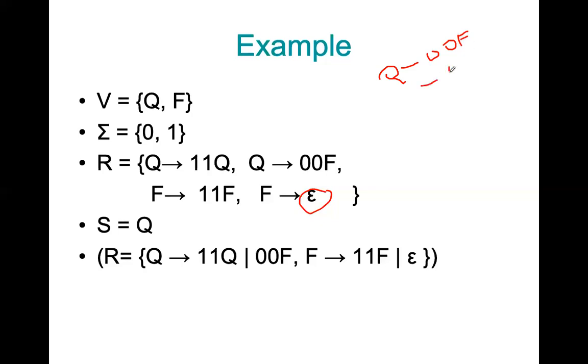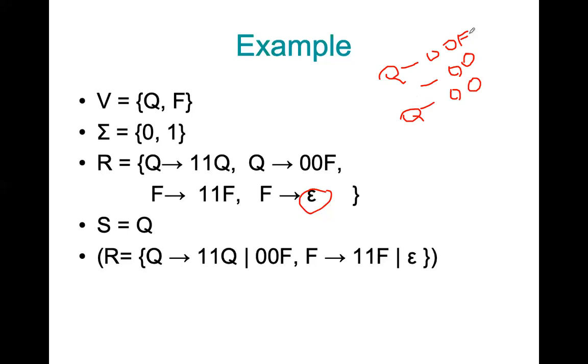So Q gives 0 0. My drawing is very bad. So I produced one string, 00, which belongs to this particular language.